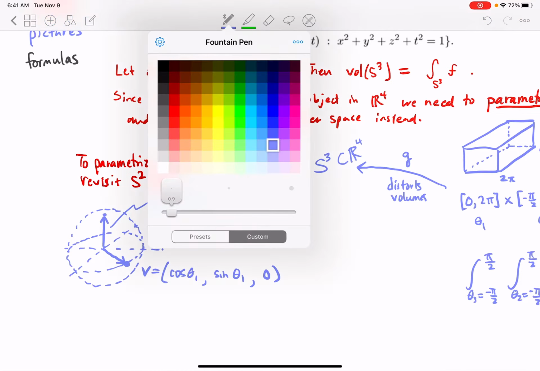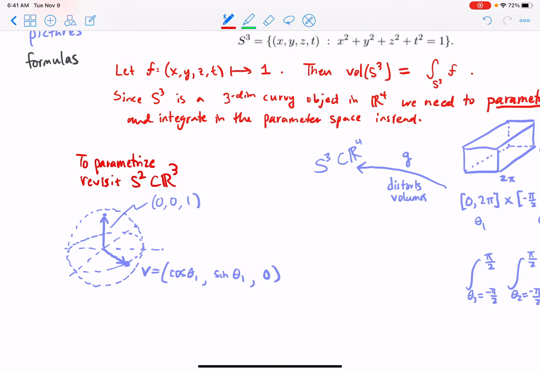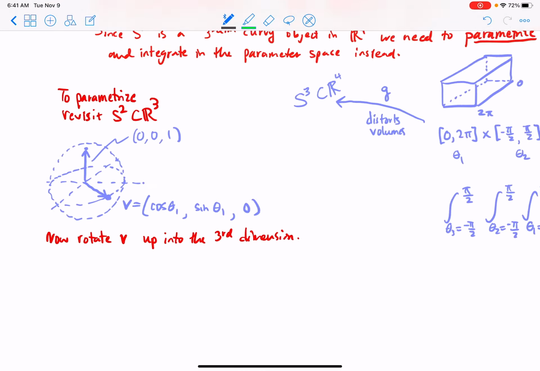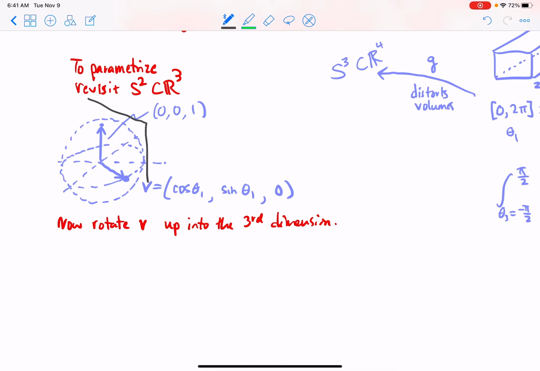So, now rotate V up into the third dimension. And by a formula, what I mean is, maybe I'll switch to a formula color, is we're going to look at this plane spanned by, it's kind of hard to draw this plane, spanned by this vector and this vector, and they give a plane. That plane sort of slices through the sphere in a great circle.